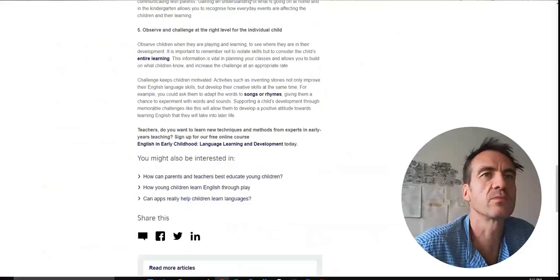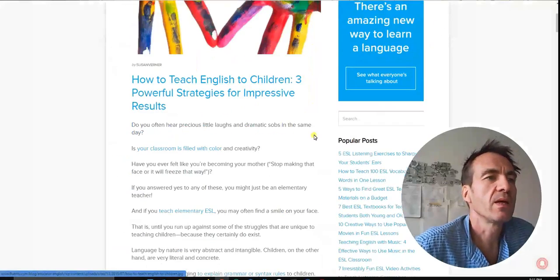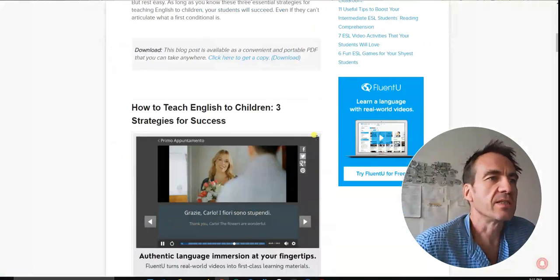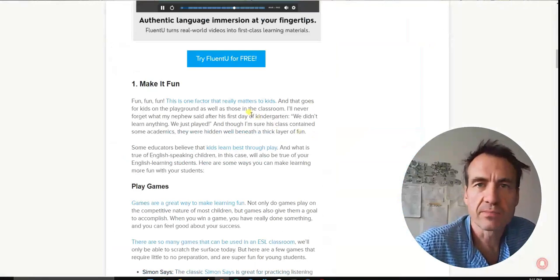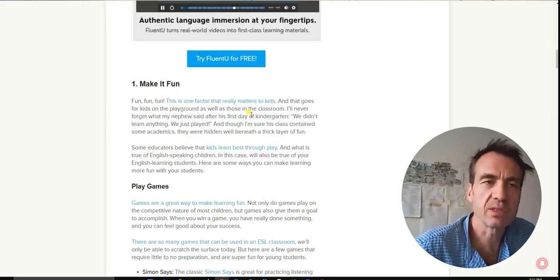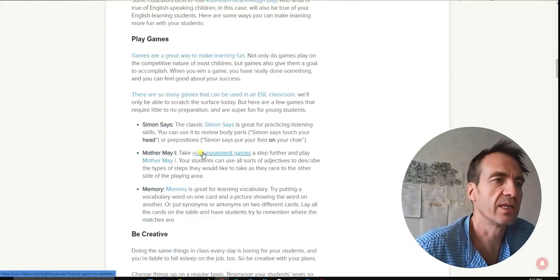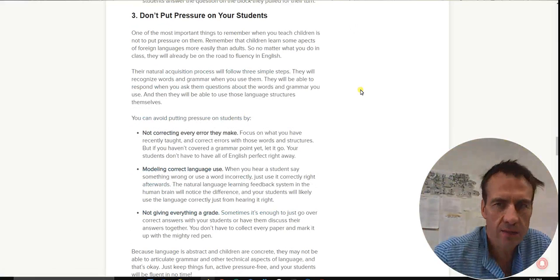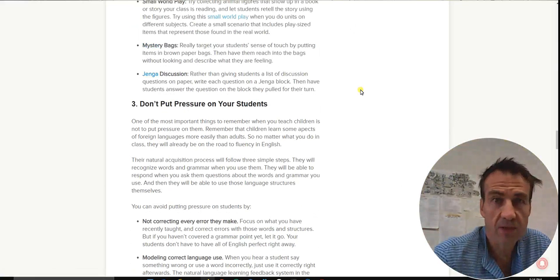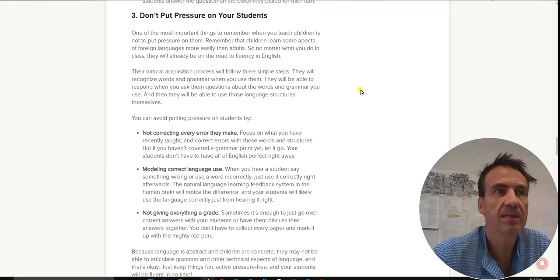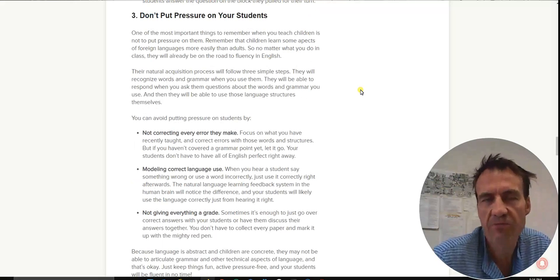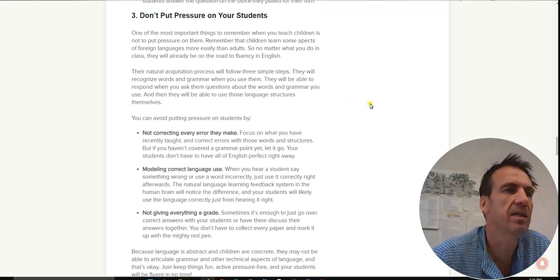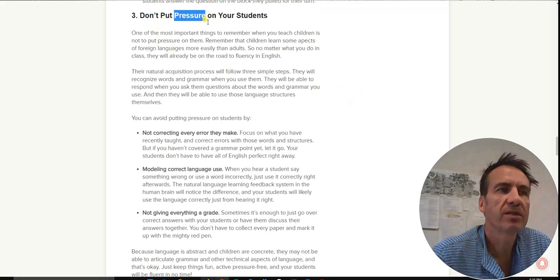Let's see, if we go to another one. Strategies: make it fun. That's why we're doing games. Again, that builds intrinsic motivation, okay? And these are some of the things that we've mentioned already. It's less obvious in the micro lesson scripts, but in your real classes, you're not putting pressure.